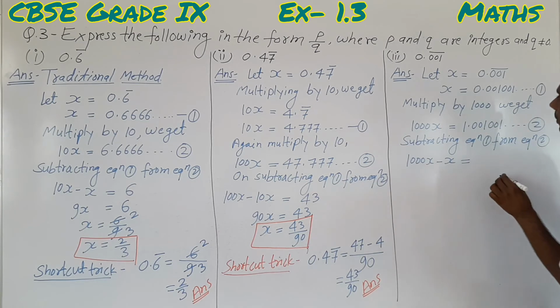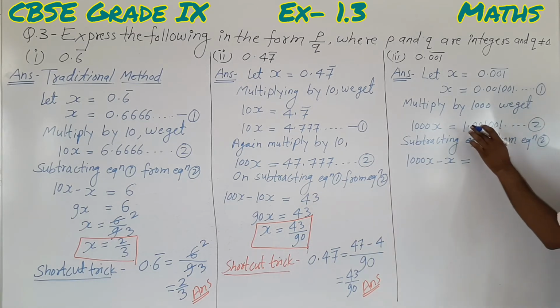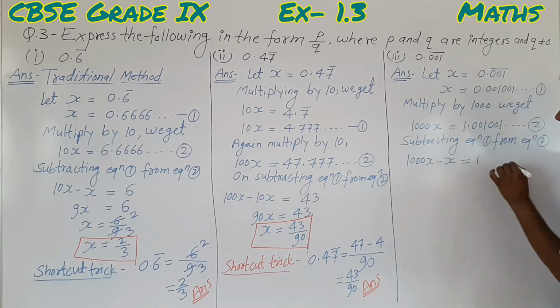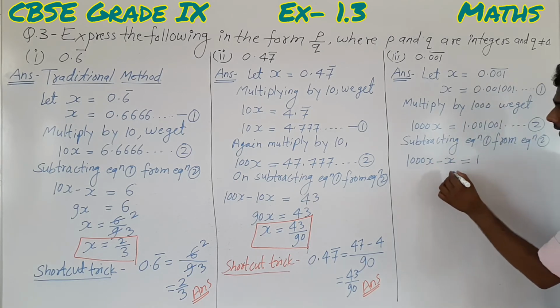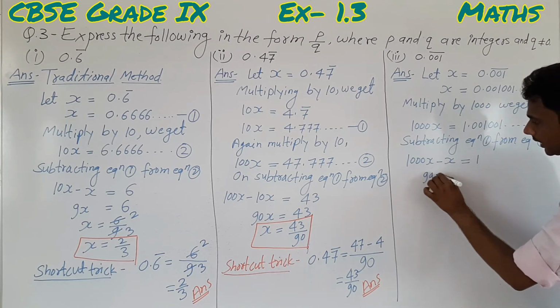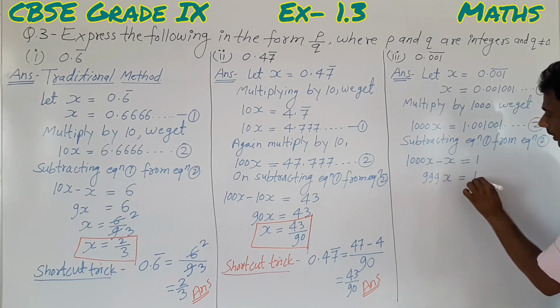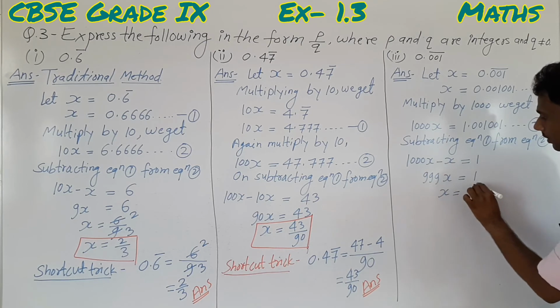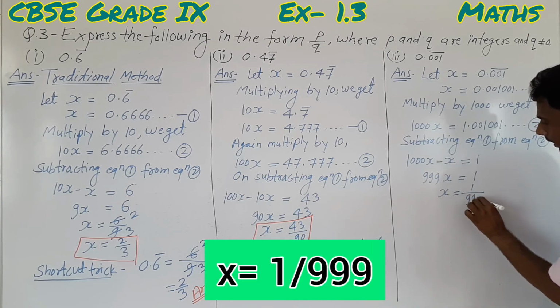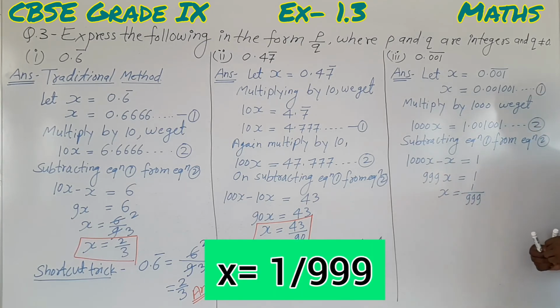This will be equal to, after decimal numbers are same, means only before the decimal 1 minus 0 is 1. 1000x minus x is 999x equal to 1. Now x equal to 1 upon 999. This is the answer.